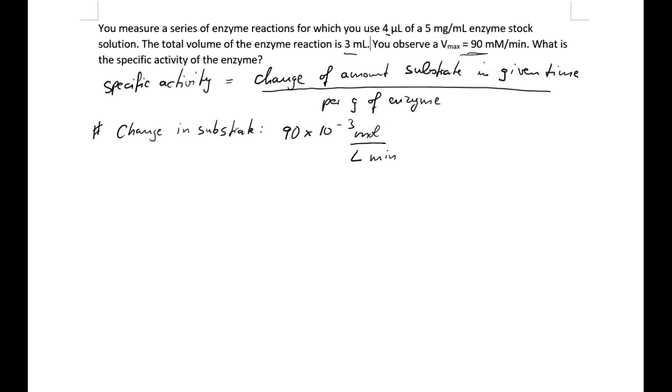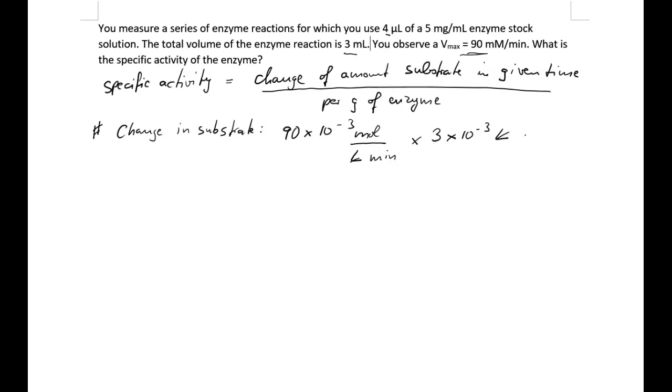But we don't have a liter, we only have a volume of 3 milliliters. So let's see how much of the substrate changes in these 3 milliliters. So we've got 3 times 10 to the minus 3 liters, that's our milliliter. We see the liters cancel out.